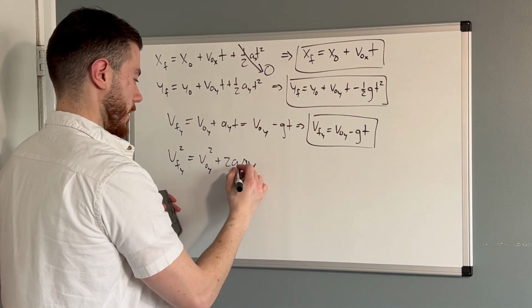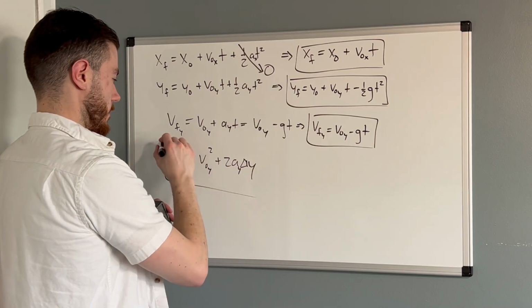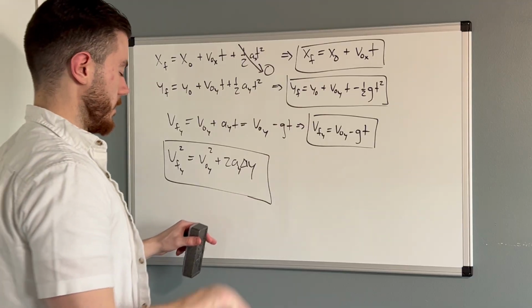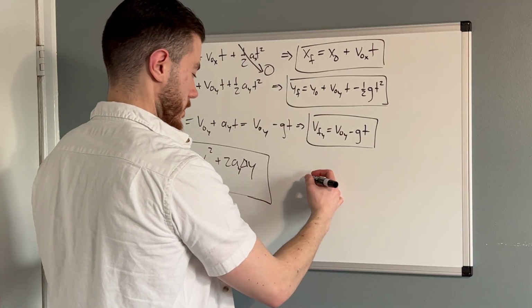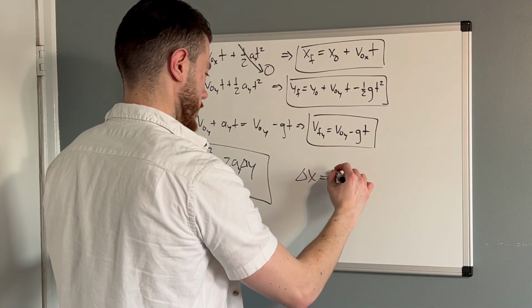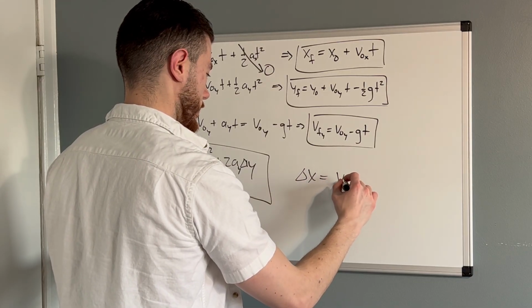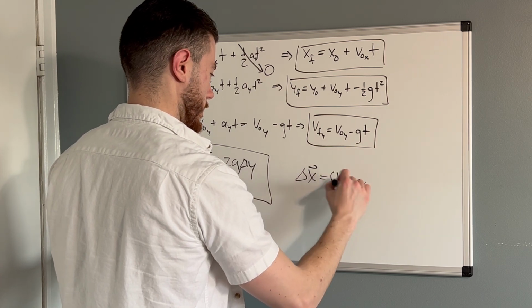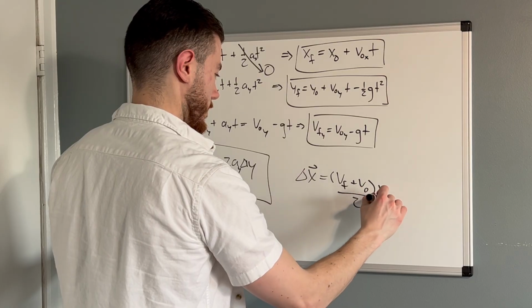Delta y. And then the fourth one, delta x equals vf plus v naught over 2 times t.